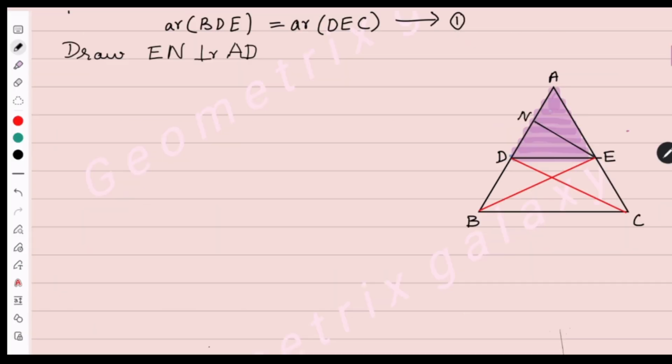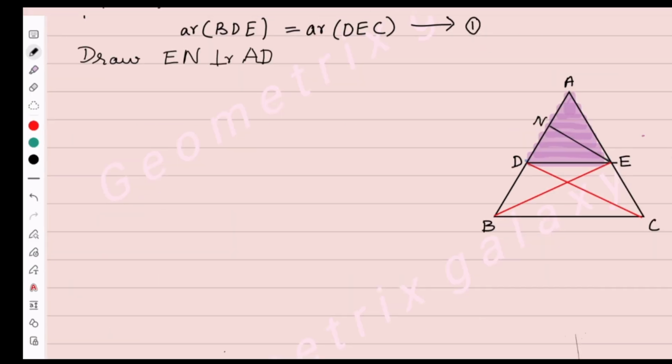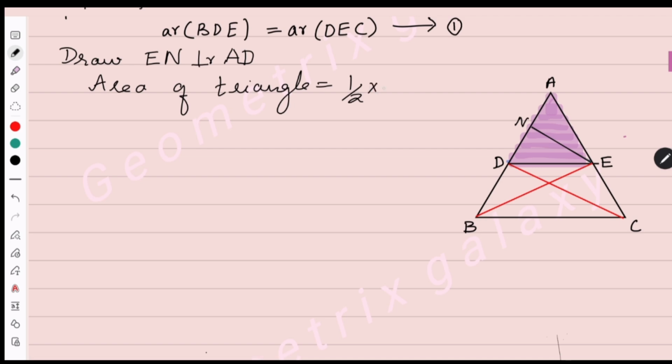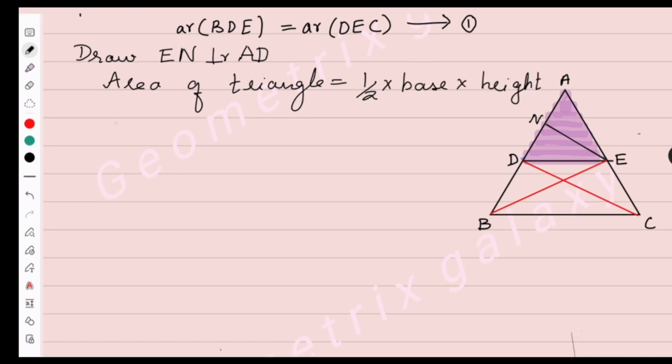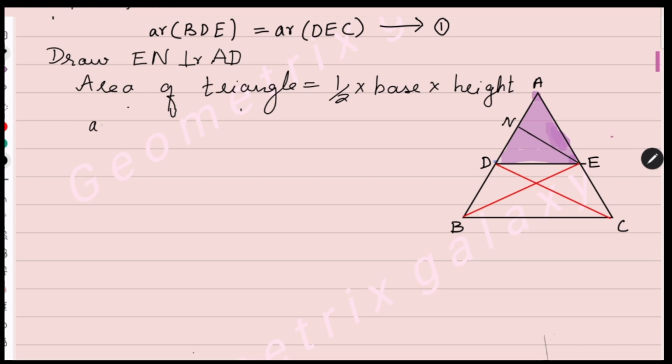You see the triangle ADE. Draw EN perpendicular to AD. Then you all know the area of a triangle is equal to half into base into height. So use that formula and find the area. Area of triangle ADE is equal to half into base AD into height EN, so half AD into EN.